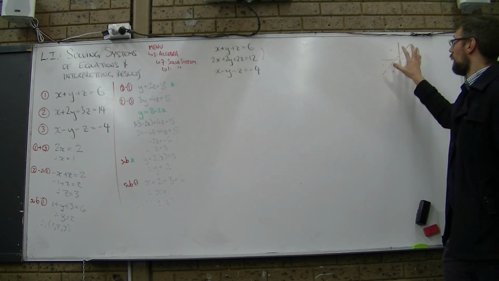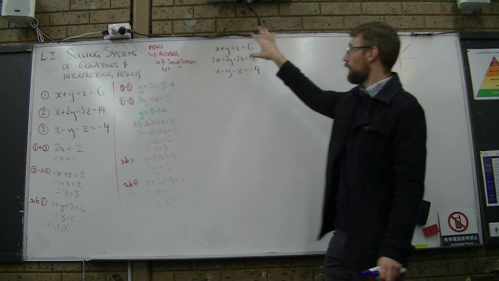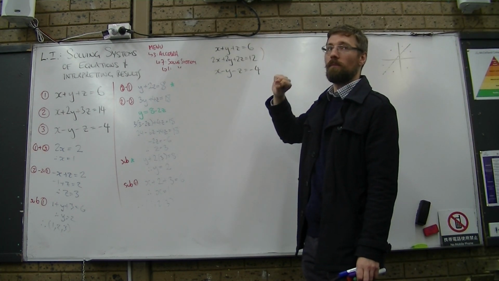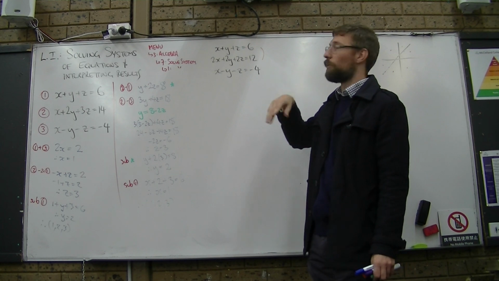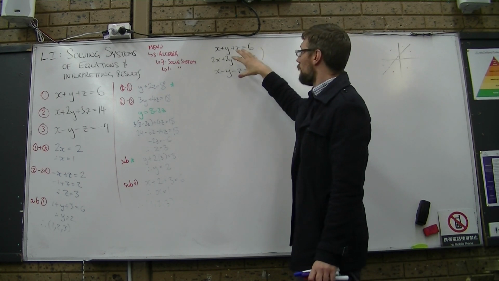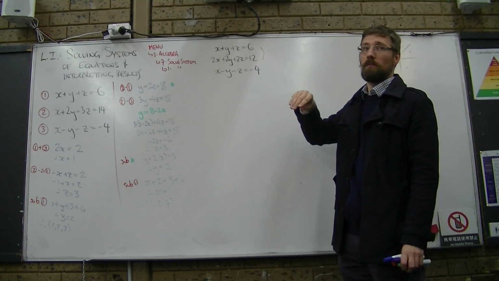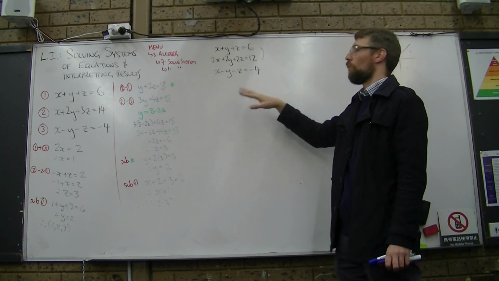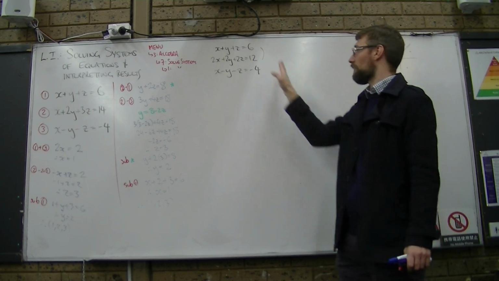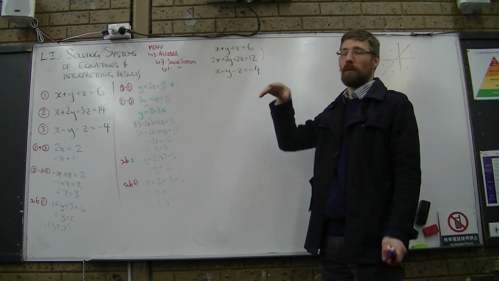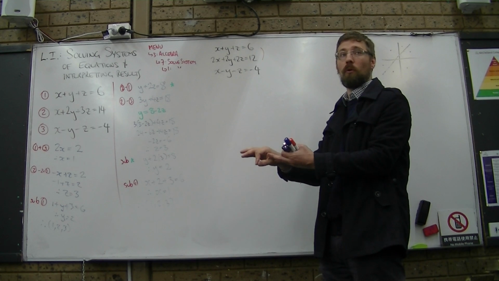Okay. I want to take that idea and go to this. Don't freak out. In this, I have a 3-dimensional space, but I've got what's called 1 degree of freedom. I've got this extra variable floating around that I can't nail down to a fixed point.